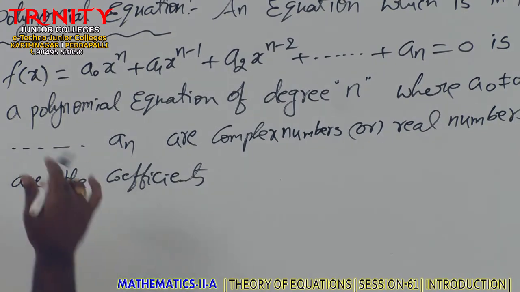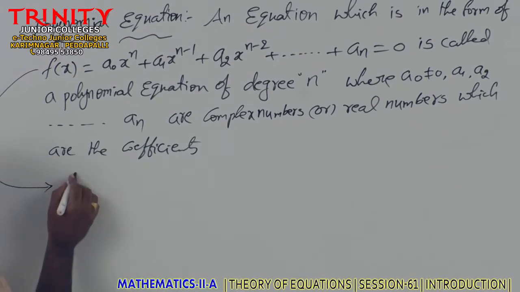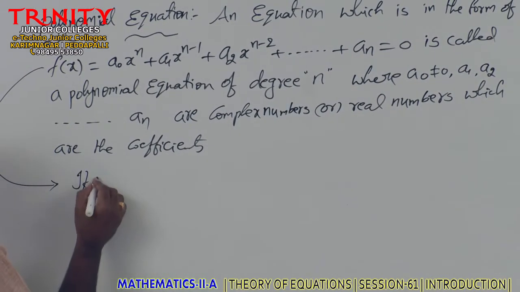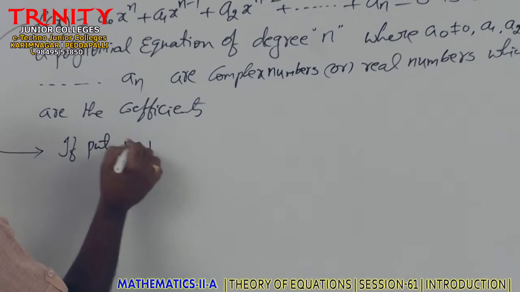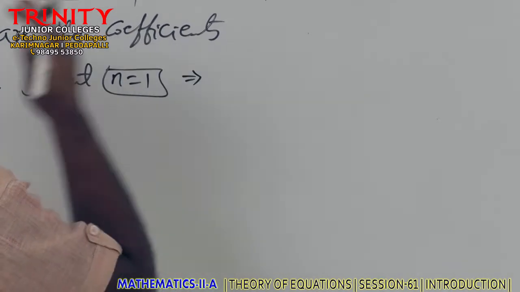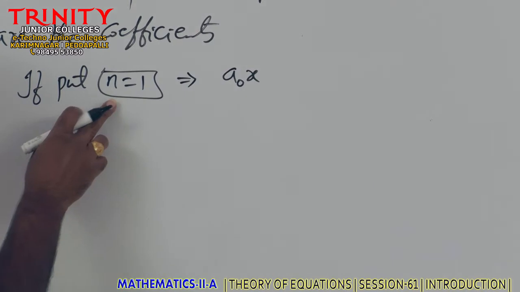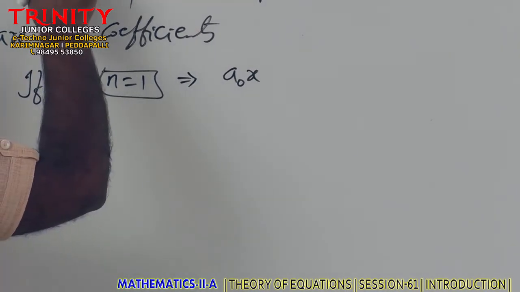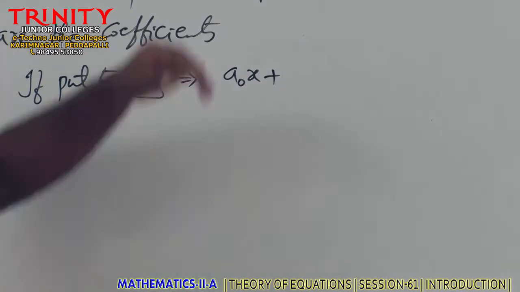In this polynomial equation, if you put n is equal to 1, then the polynomial becomes a naught x power 1 plus so on.